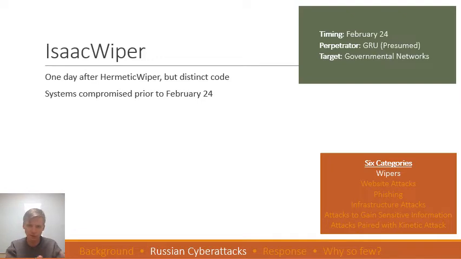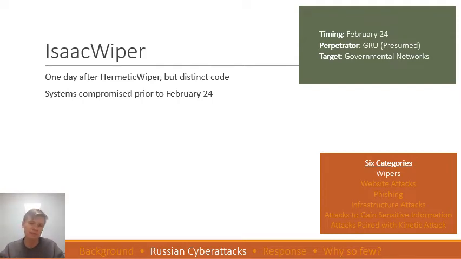The actual execution of the code was different, but the functionality was the same. But similar to Hermetic Wiper, there was some sort of malware underlying the affected systems, waiting for this to happen prior to February 24th. So this one did not work as well. There's not as much on the internet about it because it didn't cause that much of a stir.